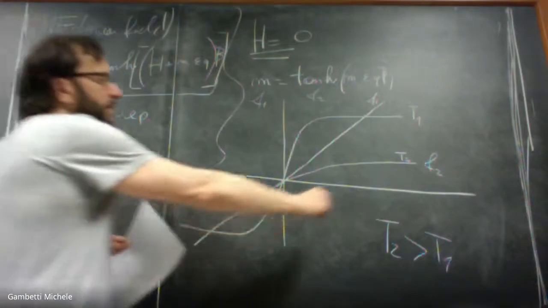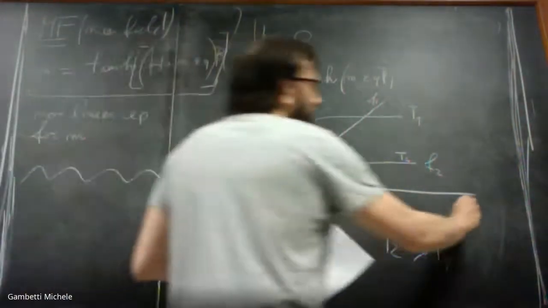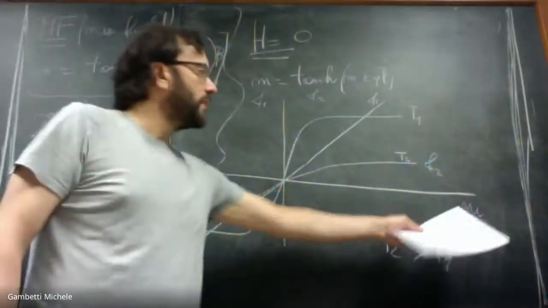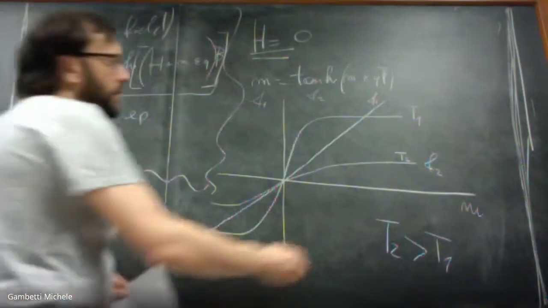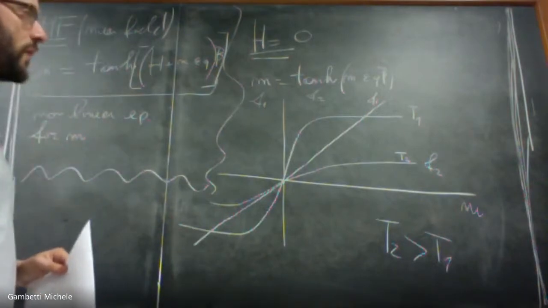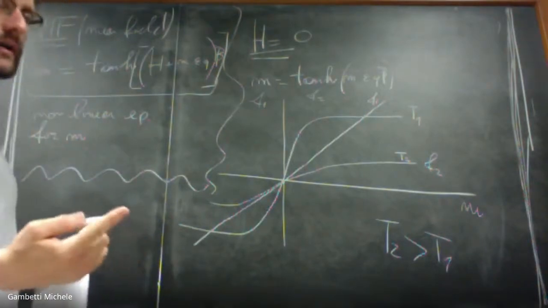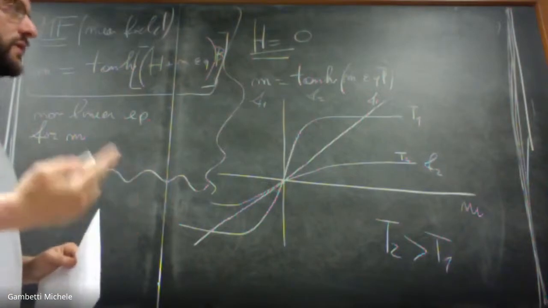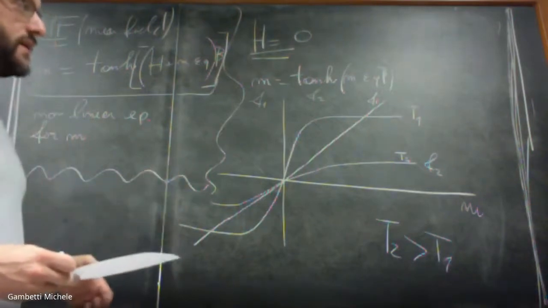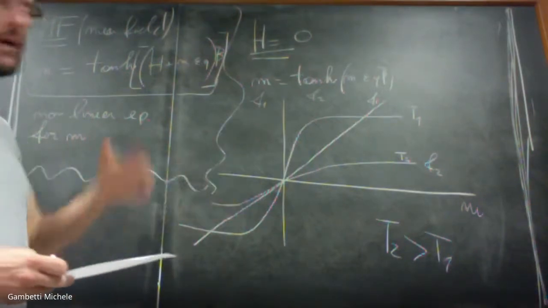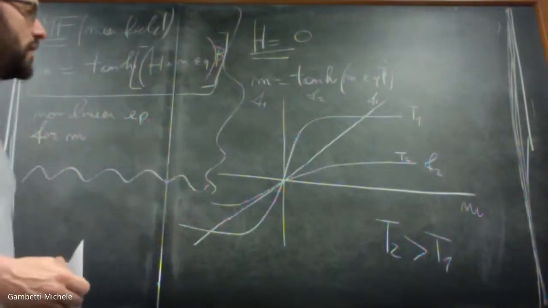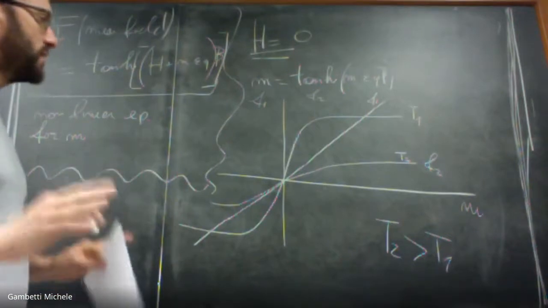Of course, what I'm plotting here is F1 and F2 as a function of m. At infinity, the hyperbolic tangent is going to 1, which means that the magnetization per particle is 1. That means that basically my spins are aligned in the same direction.